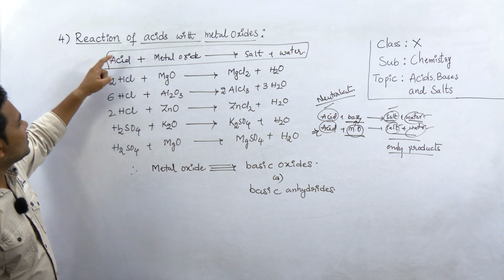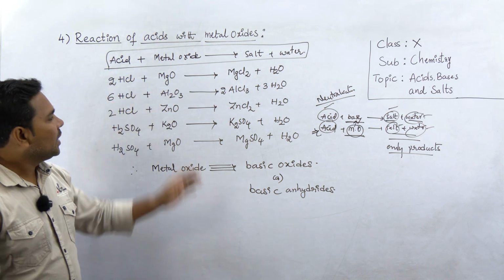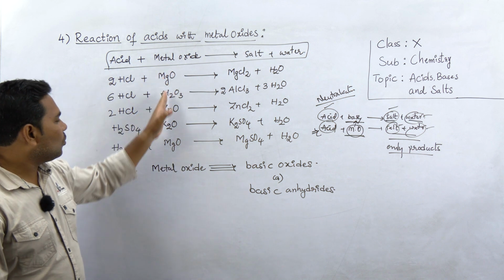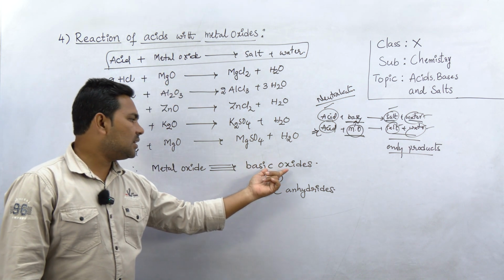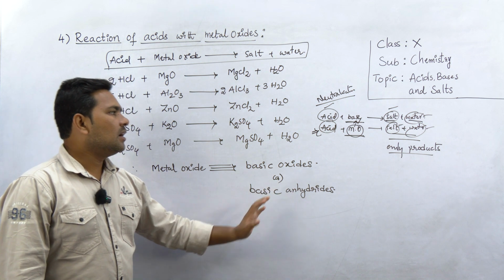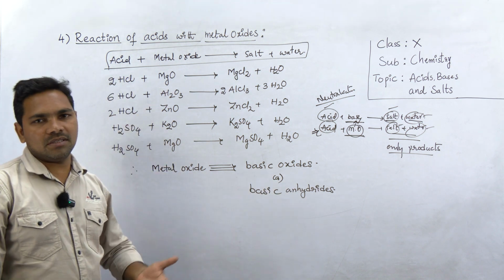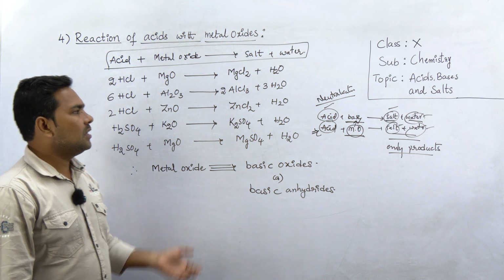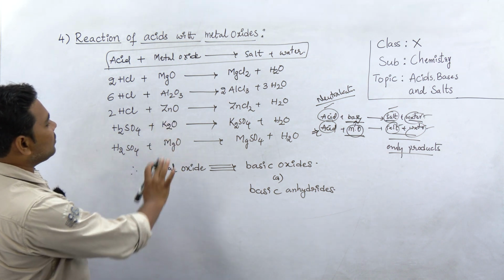In all these examples, you see magnesium oxide, aluminium oxide, zinc oxide, potassium oxide, all these metal oxides, and not just these metal oxides but all other metal oxides as well, are considered basic oxides or basic anhydrides. Okay. Please note down all the reactions and practice to get more perfection in writing chemical equations and also balancing equations. Right? I hope every equation is balanced.